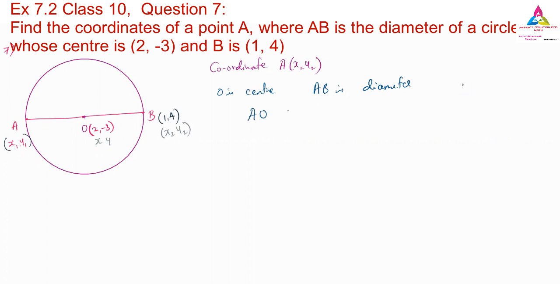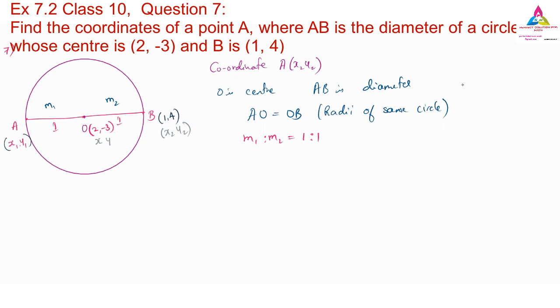They are equal, because they are radii of the same circle. Understood? So the ratio between them, M1 to M2, will not become anything different. It will remain 1 to 1.